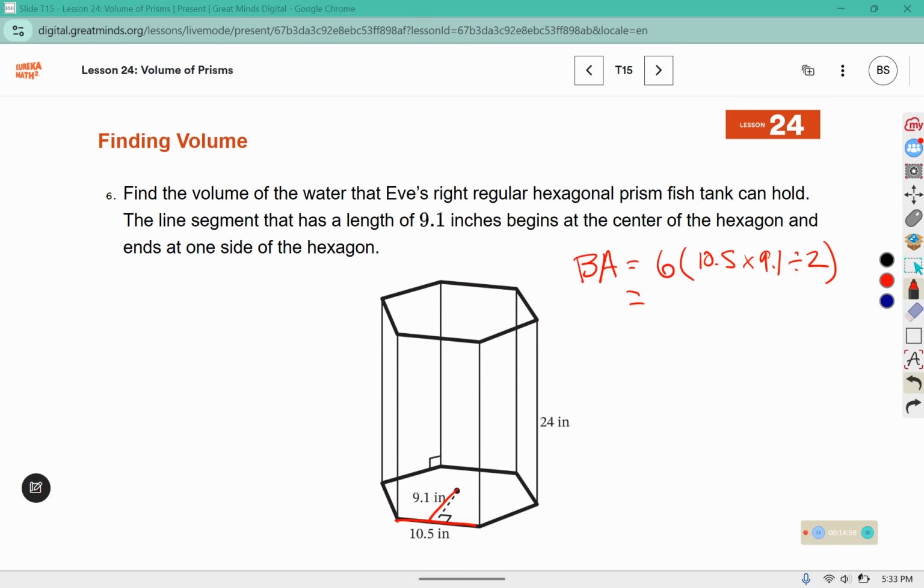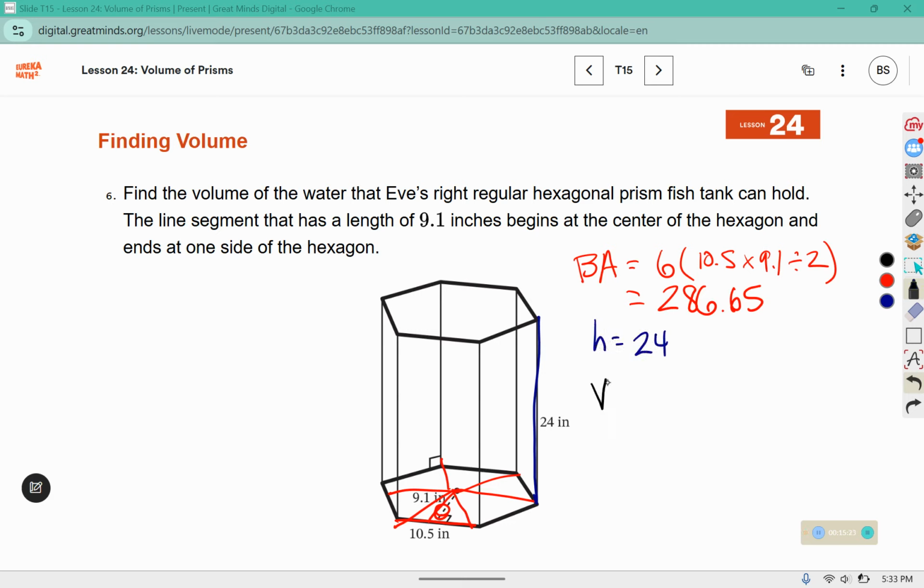Which is 47.775, and then multiply that by 6 because there are 6 of those triangles that form the hexagon. There's 1, 2, 3, 4, 5, 6. And the height of the prism is 24.